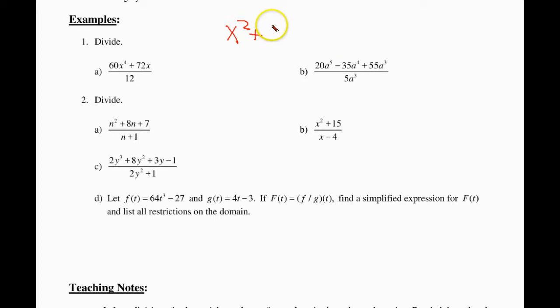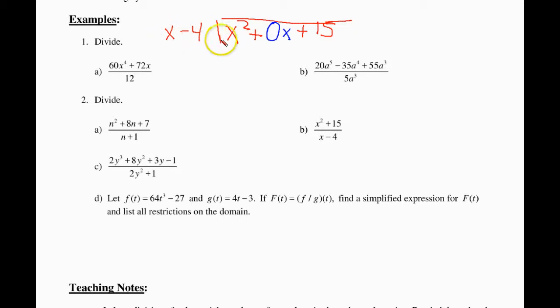So what I have to do is put in a space holder that has no value, but gives me a place to work it in doing long division. And I just set it up similarly to what I did before. X minus 4.